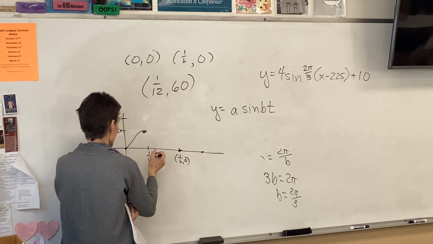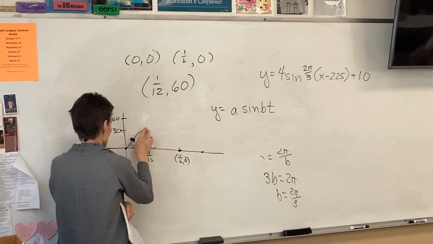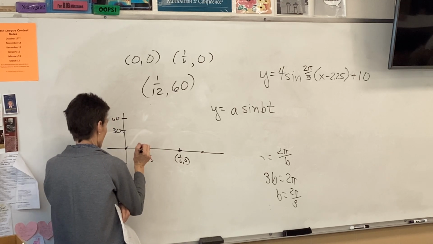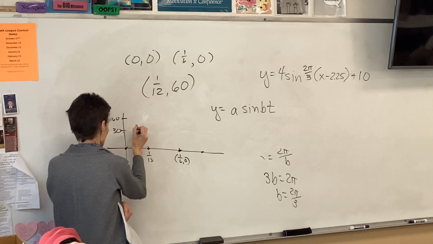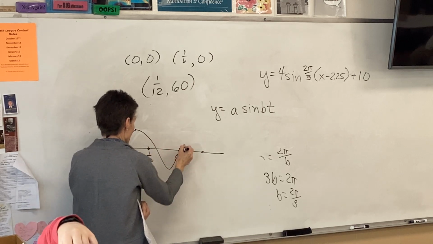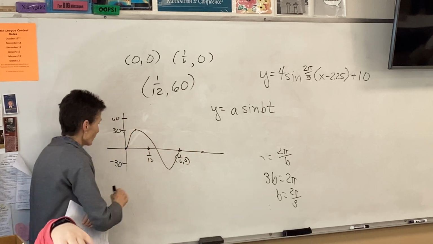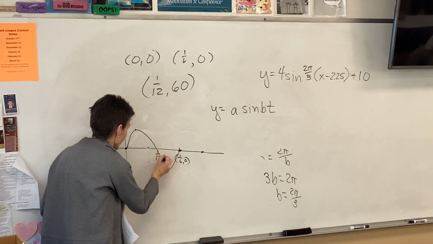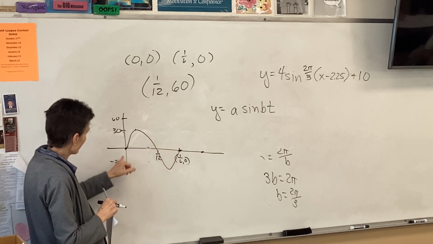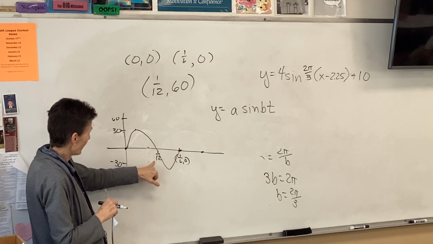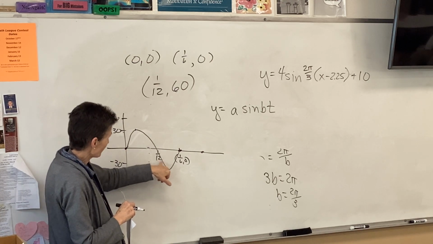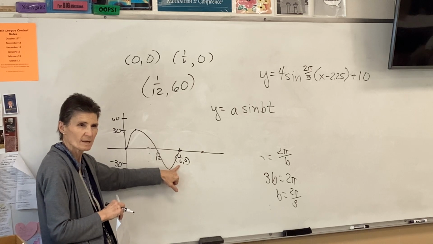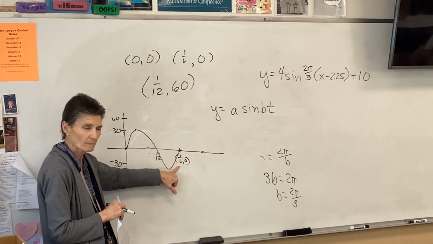1/6 was 0, right? So this is what it looks like. Okay, so the maximum is somewhere between 0 and 1/12, and the minimum is somewhere between 1/12 and 1/6. Does that kind of make sense? Yeah.